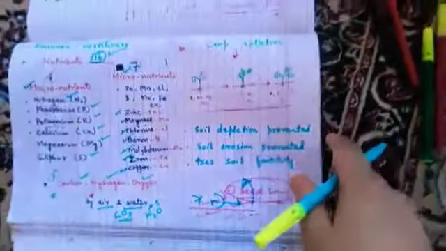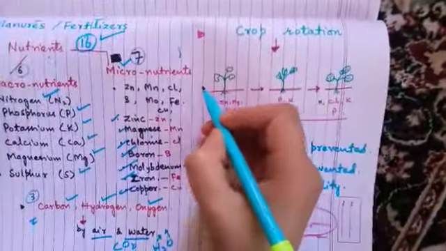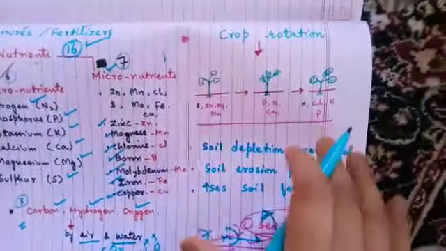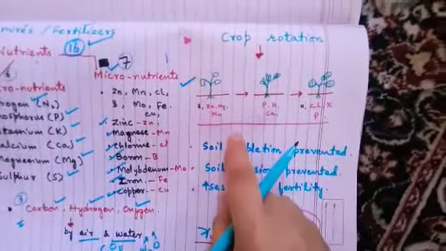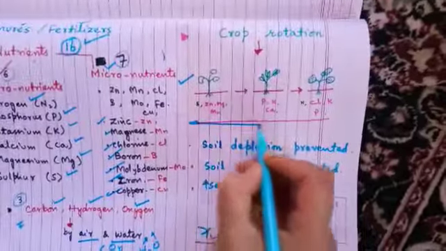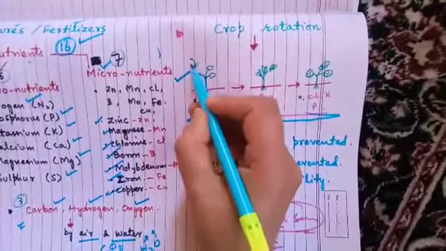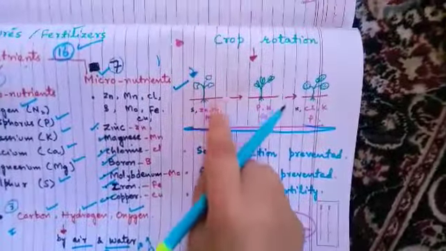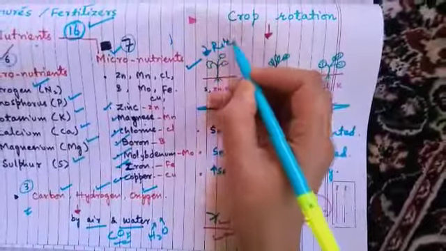But crop rotation means to rotate the crop on the same field, in the same season or different seasons. For example, this is a crop field. We first grow a crop here, for example rice.